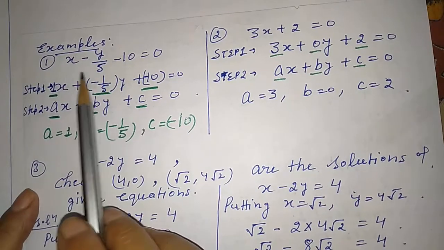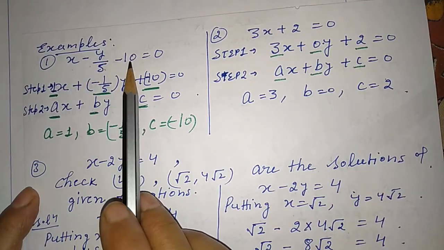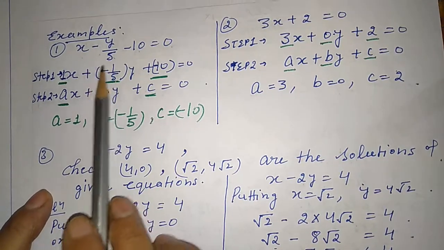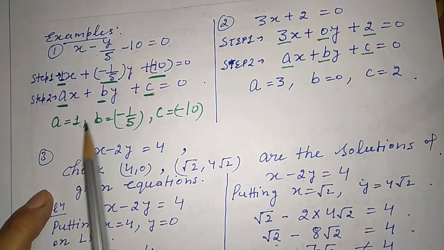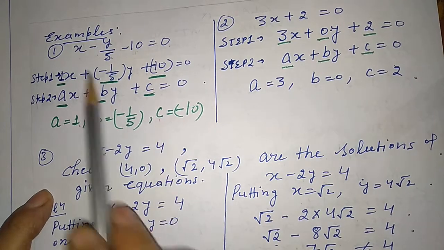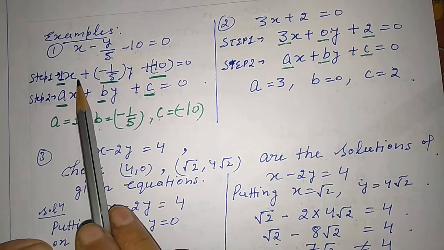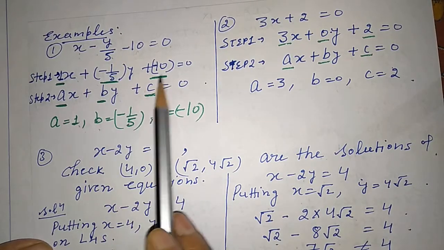See, the first example is x minus y upon 5 minus 10 is equal to 0. We want to find the values of a, b and c. So what should we do? First we change this equation into the form ax plus by plus c is equal to 0.